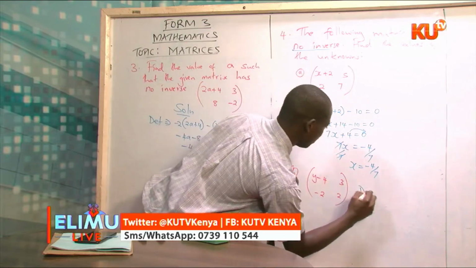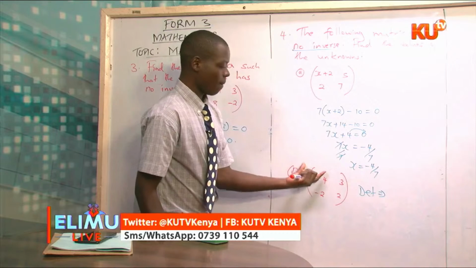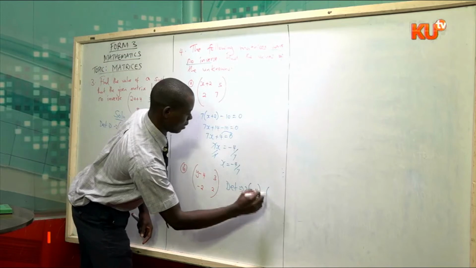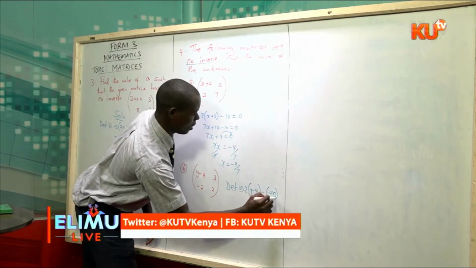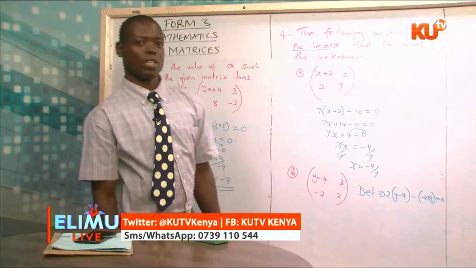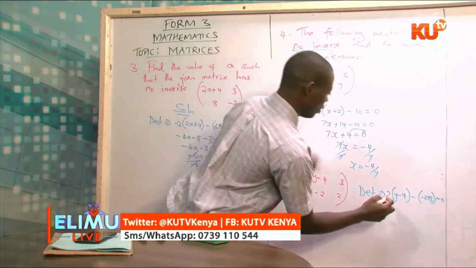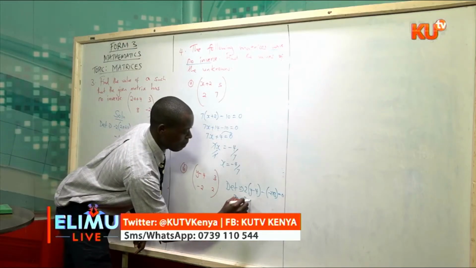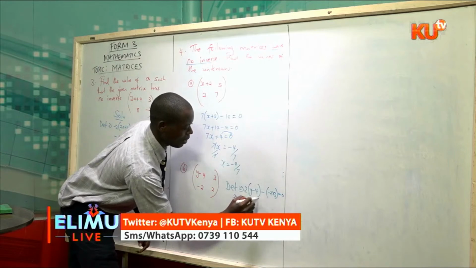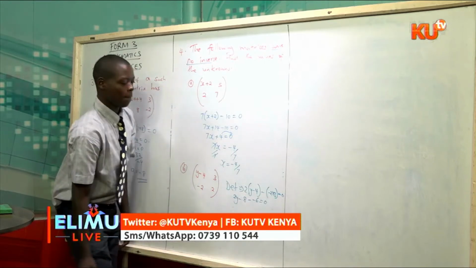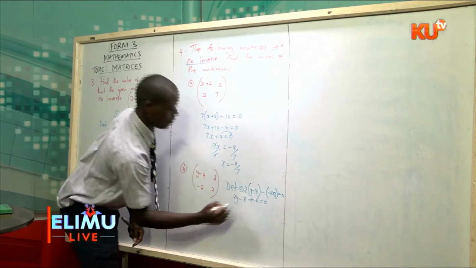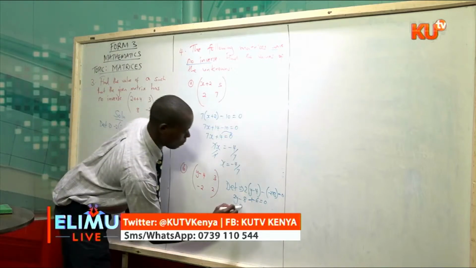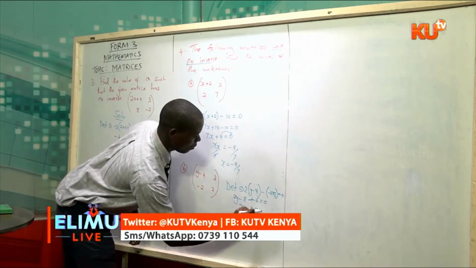The determinant again, students, will be the leading diagonal, 2 times y minus 4, then minus 2 times 3, and equate that to 0. By expansion, this is 2y, 2 by 4 is 8, minus 2 by 3, minus 6, and equate this to 0. Minus is plus. So we have minus 8 plus 6. That's minus 2. Therefore, 2y minus 2 is 0.